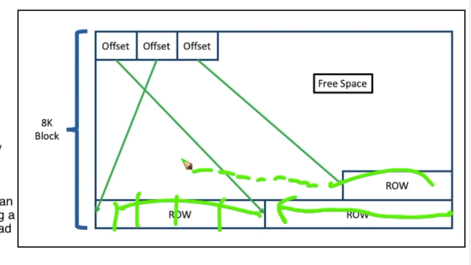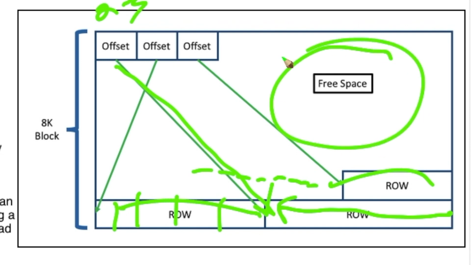And then all they have is these offsets, which are probably 2 bytes. They're just like an array of where within that block the start of a row is. And so they're small, the whole block comes in, and then you can quickly go to each row, you can read them in order, you can read all of them. And the middle here, which is really not to scale on my picture, is the free space.